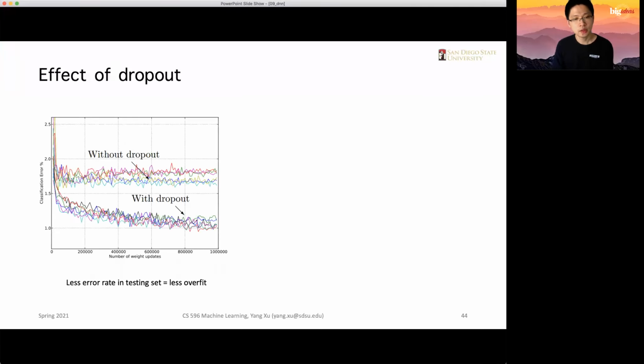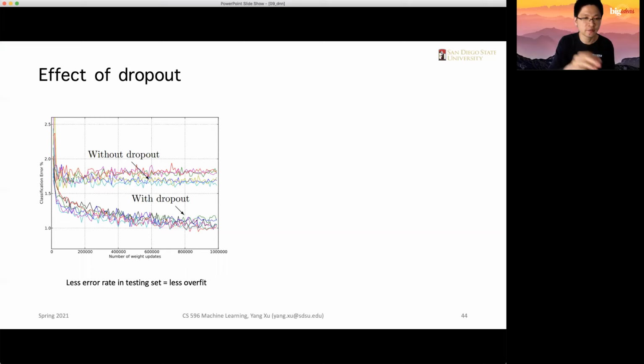In the original paper where dropouts were developed, this figure plots the error rates on the testing set. You can think of it as the performance on the test sets. There are two types of curves.